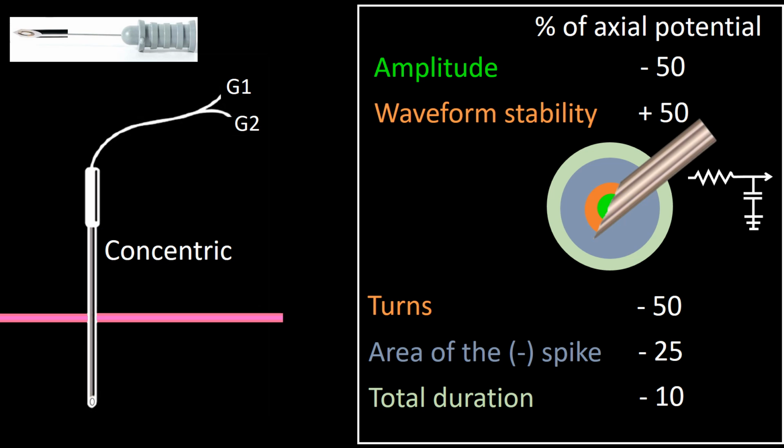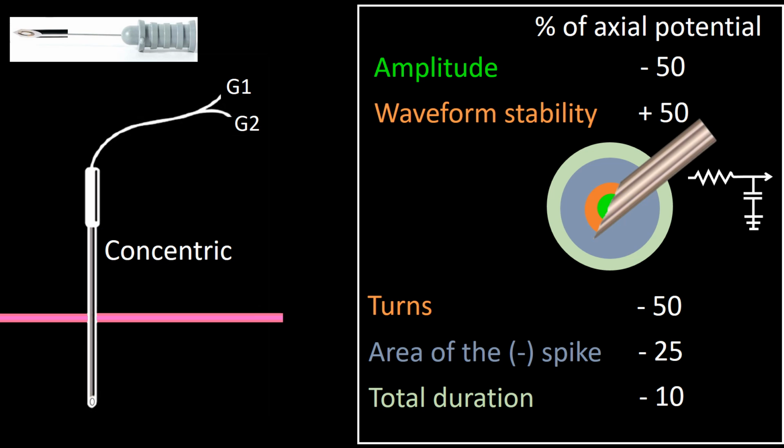The reason duration is less affected is because low frequency waves generated by muscle fibers from the side of the cannula are not impeded by the high frequency filtering effect of the cannula. And as you know, it is the low frequency waves that contribute mostly to duration. The reason for the smaller area of negative spike and briefer total duration with concentric needle recording, despite a similar uptake area, relates to the short distance between the main electrode surface and the cannula, used as a reference.